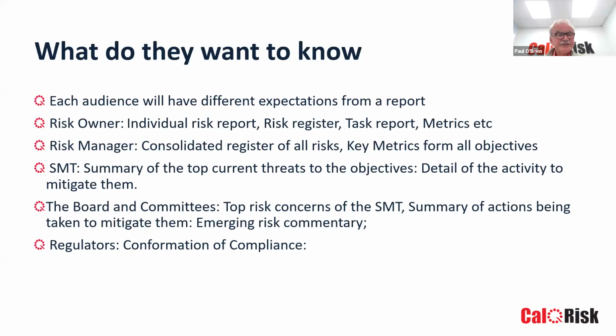When you get up to the senior management team, the key issues for them are a summary of the top current threats to the objectives, almost like your top 10 risks, but in the context of the objectives of the organization. That's very important because the criteria need to be aligned with the objectives. So the report needs to be aligned with the strategic objectives and the operational objectives of the organization, because that's what's being impacted.